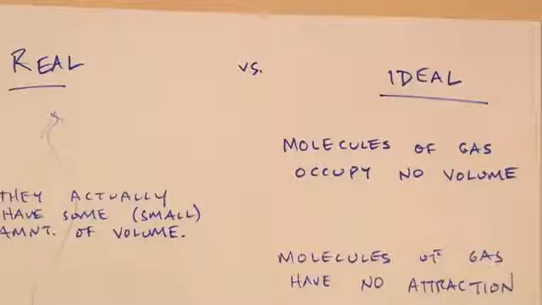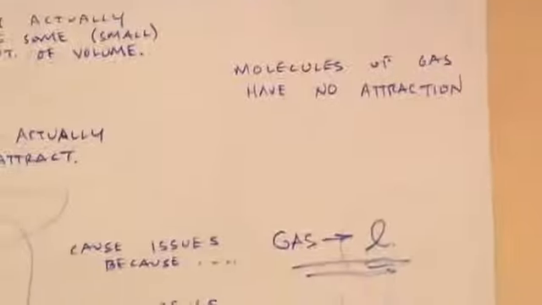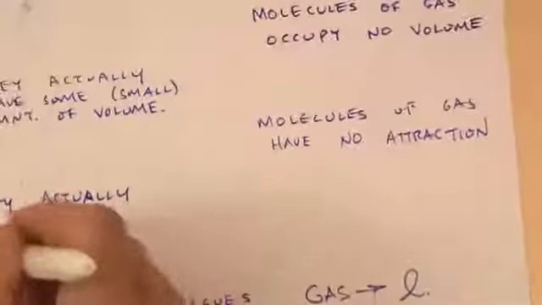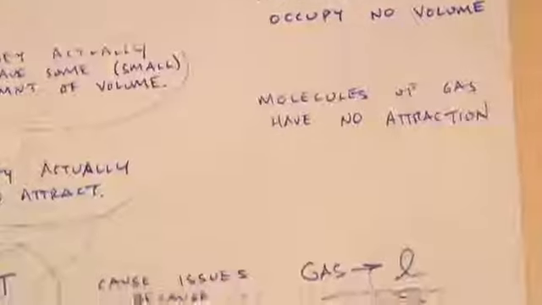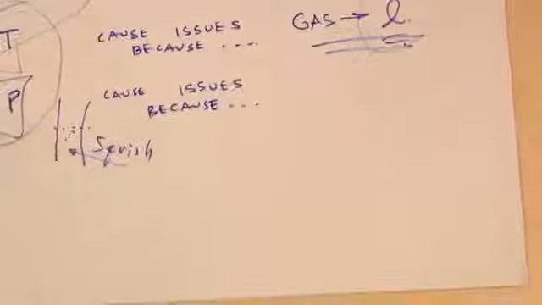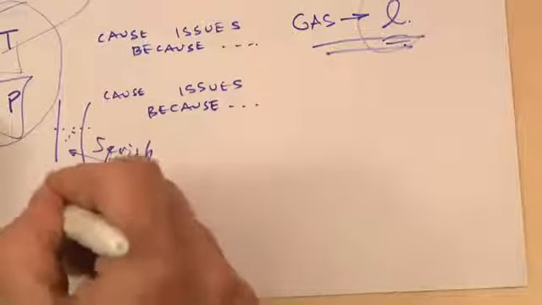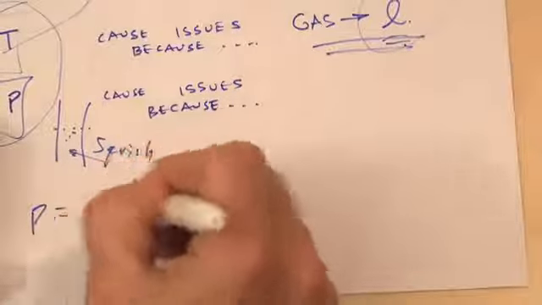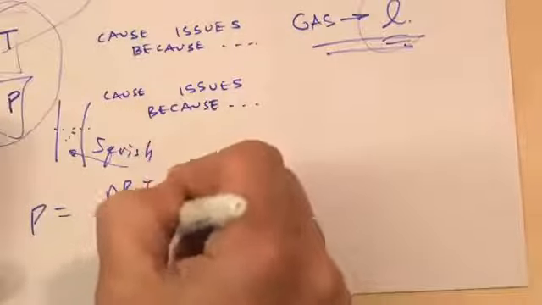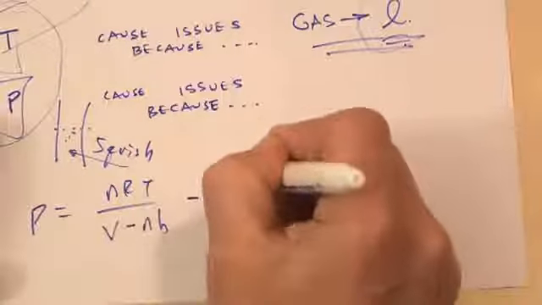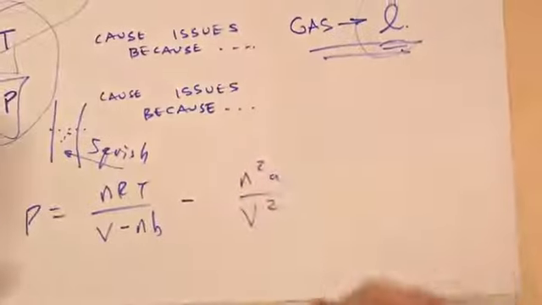Now there are equations that help deal with that. One of them is the van der Waals equation that we learned about in a different video cast, where we take into consideration these attractions and some of these small volumes. That equation, remember, is P equals nRT divided by V minus nb, minus n squared a over V squared.